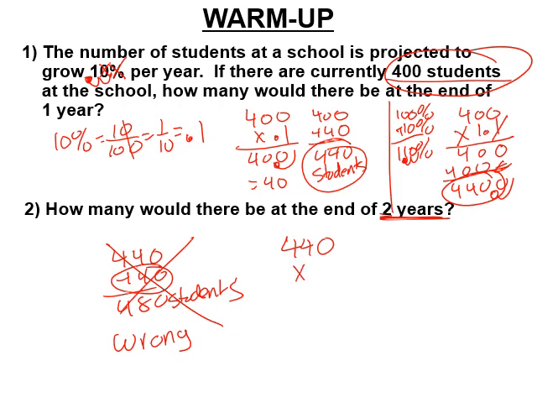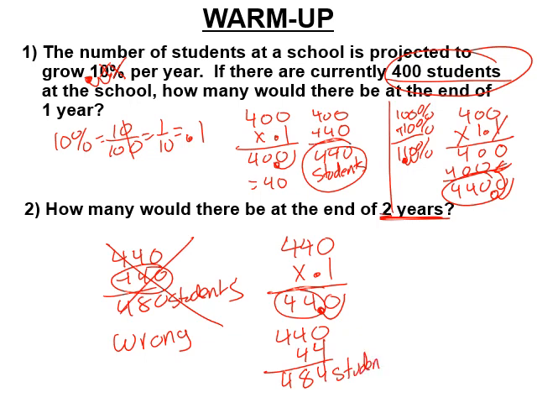So we have to do 10% of 440, also known as 44. And so you would add those 44 students to the 440 you already have, and the correct answer is 484 students.